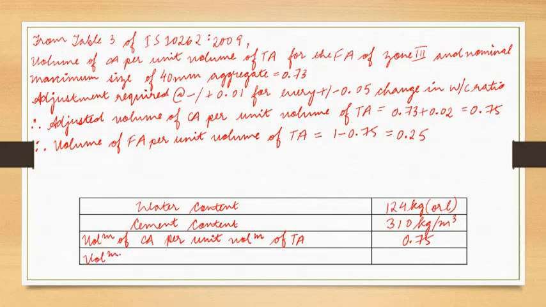Volume of fine aggregate per unit volume of total aggregate is equal to 0.25. So this is the completion of step 5.